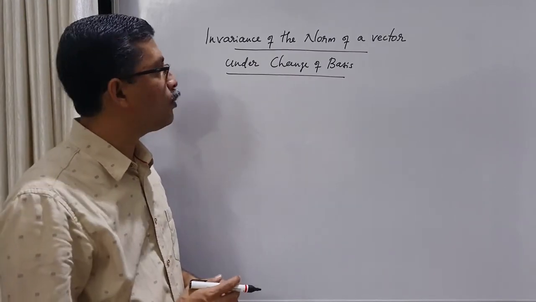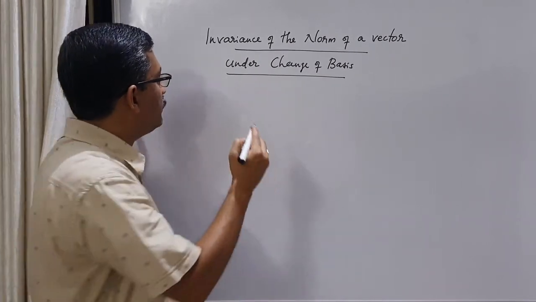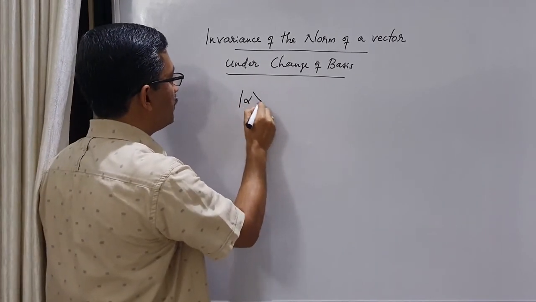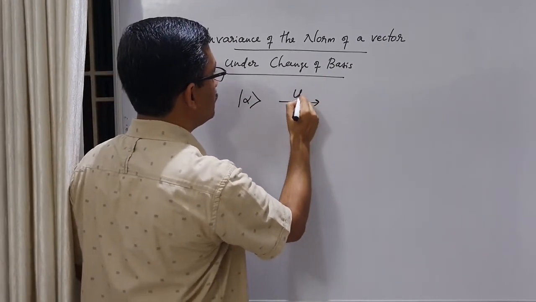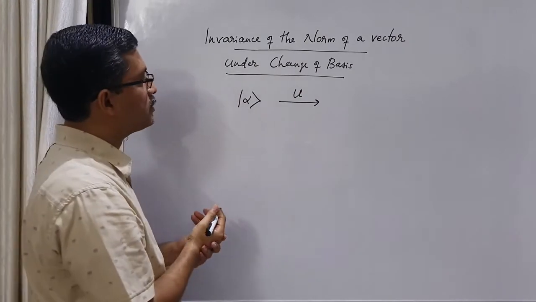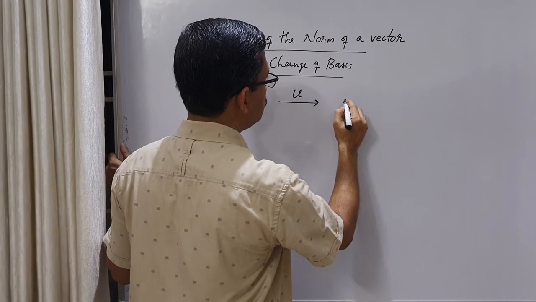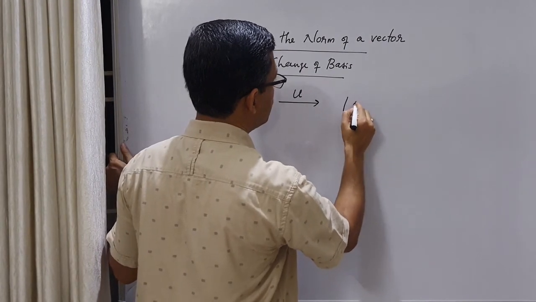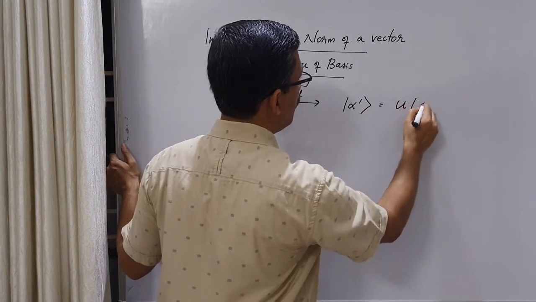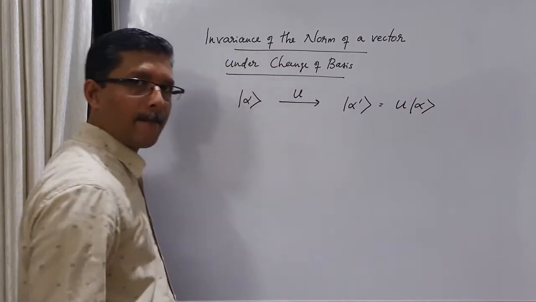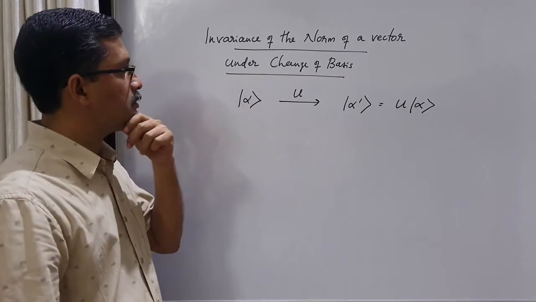Invariance of the norm of a vector under change of basis. We know that suppose you have a general ket alpha, under change of basis, it's a unitary transformation. This vector changes to, let us say, ket alpha prime, and we know that this ket alpha prime is nothing but U acting on ket alpha, where U is the unitary operator for change of basis.